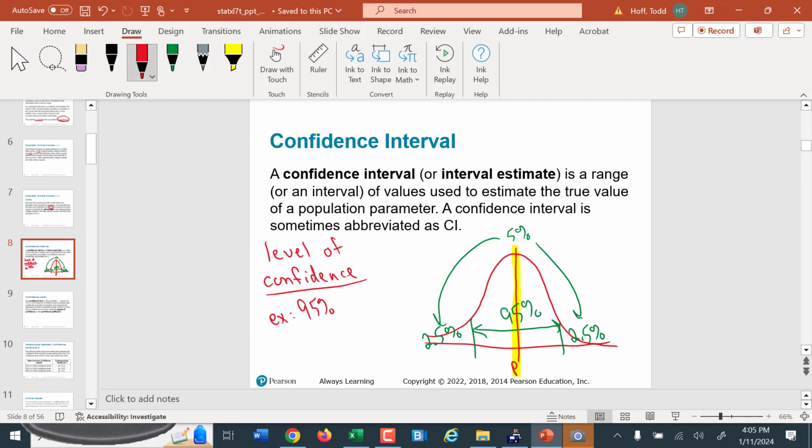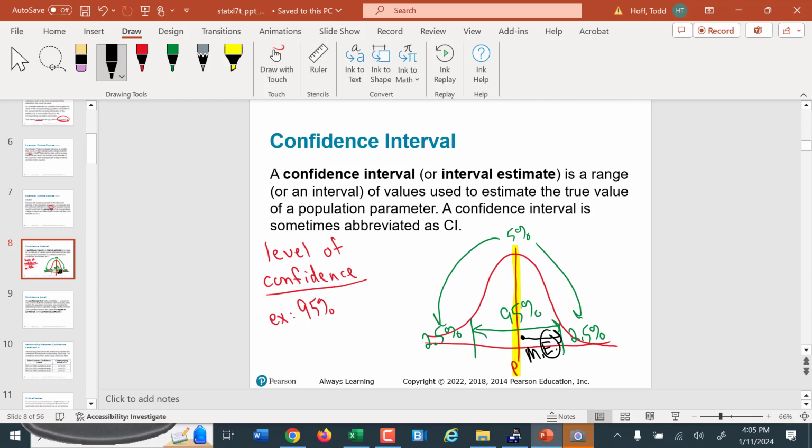We do have a decent idea of what this width is. And from the center here out to this edge, that is referred to as the margin of error, the ME, or sometimes just E for error. And so we know what that size is, so we will use that margin of error to create an interval.